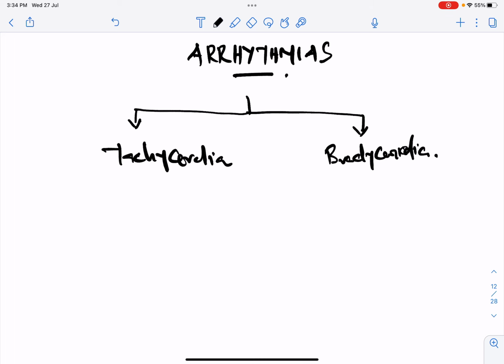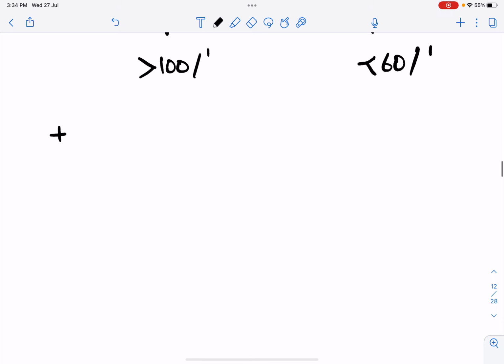By simply looking at the heart rate, tachycardia is a heart rate of more than 100 beats per minute. Bradycardia is a heart rate of less than 60 beats per minute. So initially we are discussing tachycardia, then we will move to bradycardia. So the first topic is tachycardia.